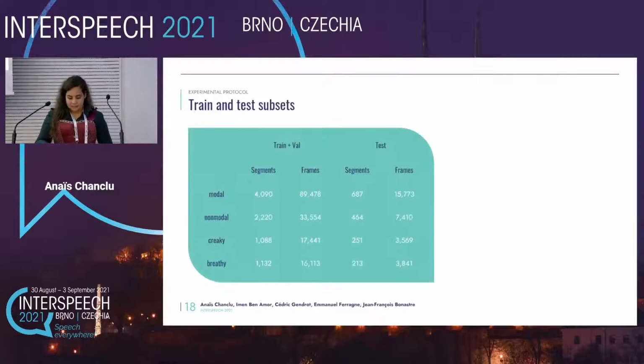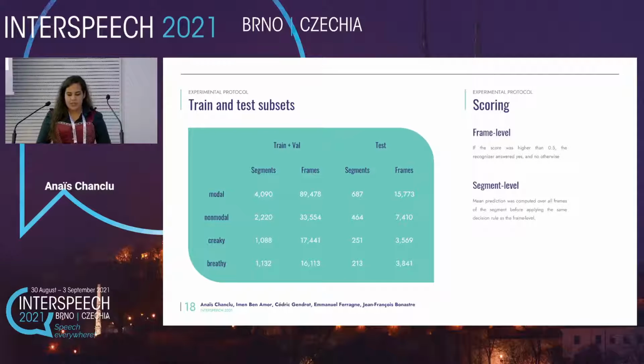I would like now to present you a table detailing the amount of data for each subset. The models for both approaches are trained on a balanced and randomized amount of data between classes. The predictions are done frame by frame for both tasks, modal versus non-modal and creaky versus breathy, and both systems with a rate of 100 frames per second.